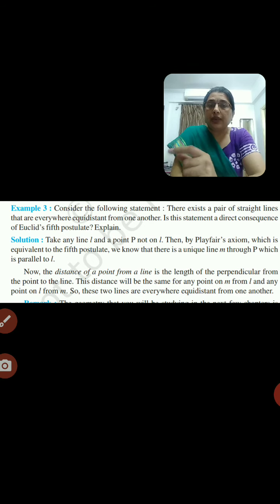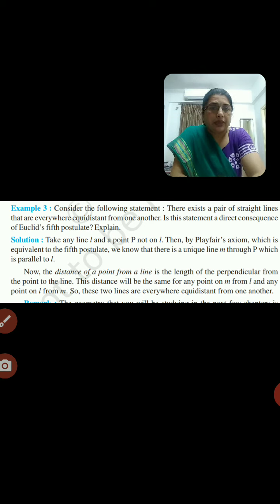In that postulate, we have seen with a figure that if one line is falling on two straight lines, and the sum of the interior angles is less than 180, then those two straight lines will intersect each other at some point on the plane.